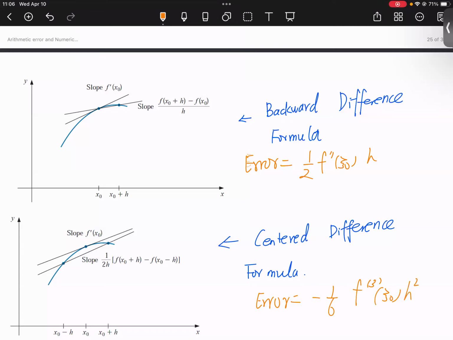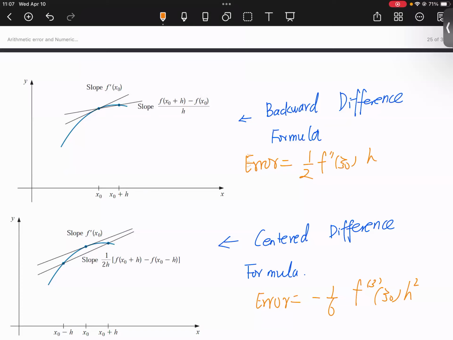If you look at the scale here, this is with h of order 1, and this is h to the order 2. The h is a pretty small value, so if you have the higher degree here, it means that the error can be smaller. That's why we have better approximations in these pictures for the center difference formula.